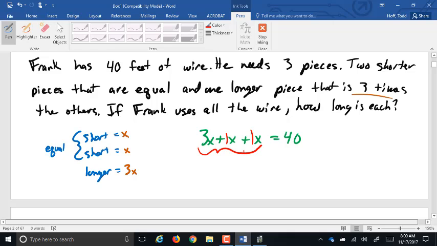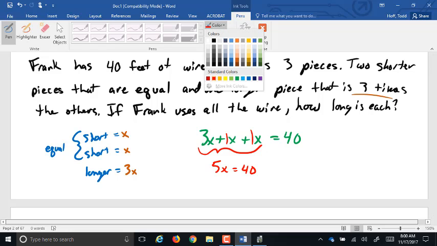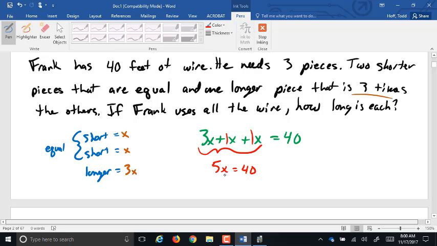So 3x, 1x, 1x make 5x equals 40, and then divide by 5. X equals 8. So this one's 8 feet, this one's 8 feet, and this one is 3 times 8, 24 feet.